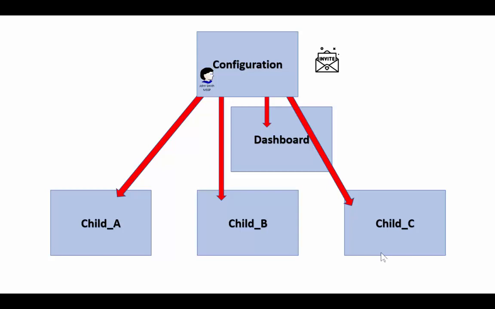Therefore, from the configuration org, we're going to send them an invitation. And when that invitation goes out and is received by that user, the user will receive an email. Okay, so in our example here, the back end configuration for the email to go out to that particular user, all of that's been pre-configured.